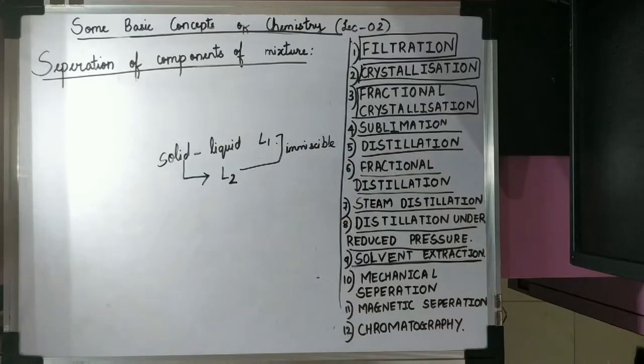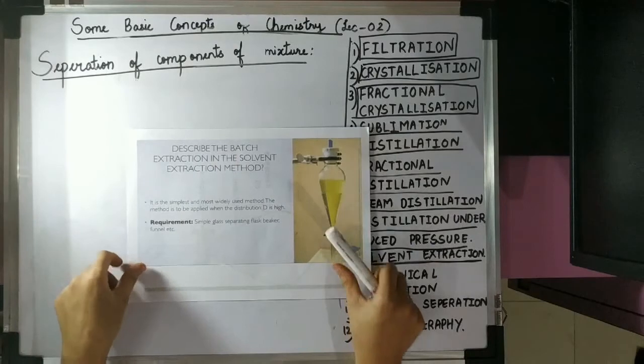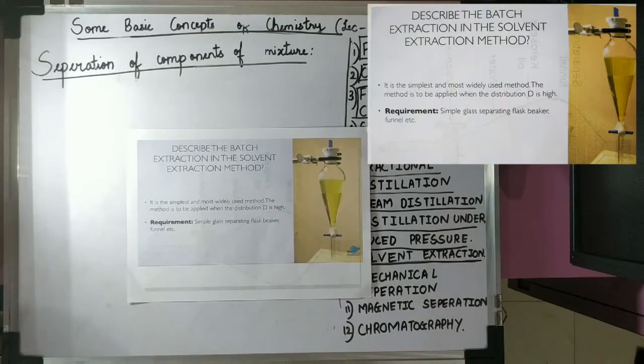Now how do we use the technique of solvent extraction? This is the image of solvent extraction. Suppose there is one solid, let's say iodine. So this is used for separating iodine. Let's say iodine is present in water, so liquid 1 is water.